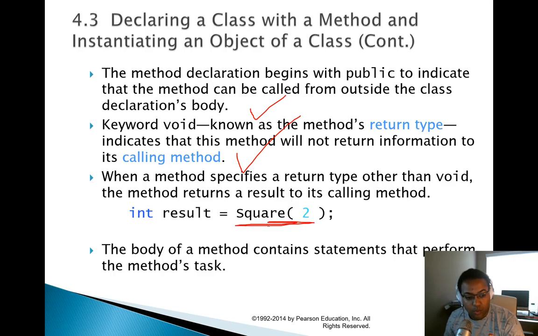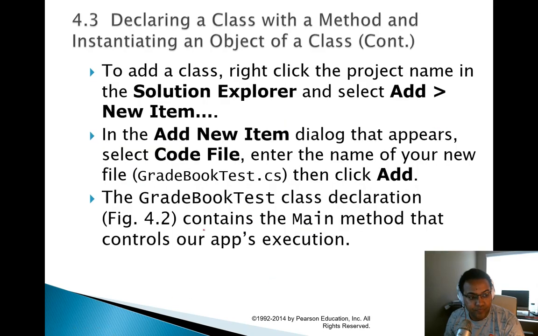Whatever this method outputs is going to replace square2 with the value. That's what return does in your method. The body of a method contains statements that perform a method's tasks, and we've already done that.